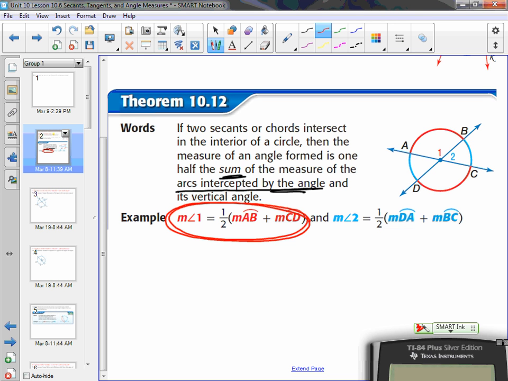And then we have to know which two are the intercepted arcs. It's the one intercepted by the angle we're trying to find and the one intercepted by the vertical angle of the one we're trying to find. Okay? All right, let's see how that works.